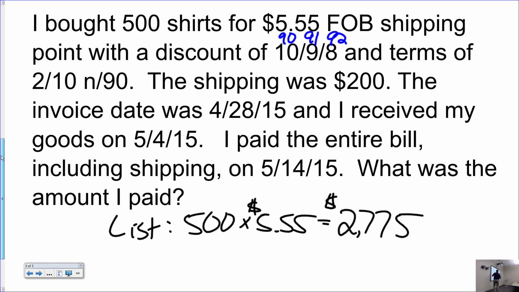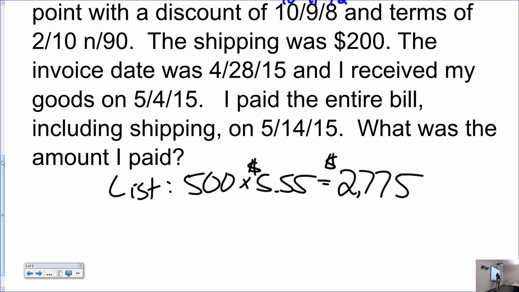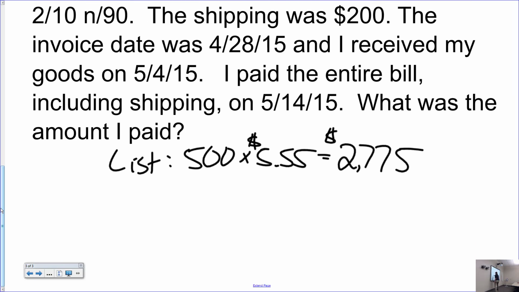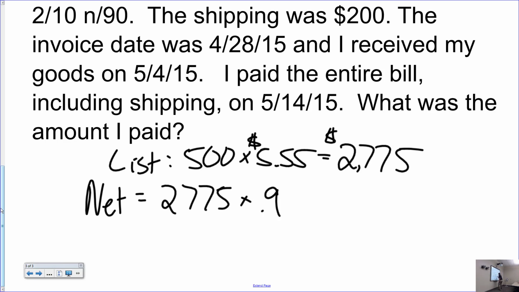Yeah, multiply them, right? You could calculate your net equivalent, net price equivalent rate, but you can, if you want, just jump right to the net price, right? Take the shortcuts that you can take. So take 27.75 and multiply by 0.9 times 0.91 times 0.92.